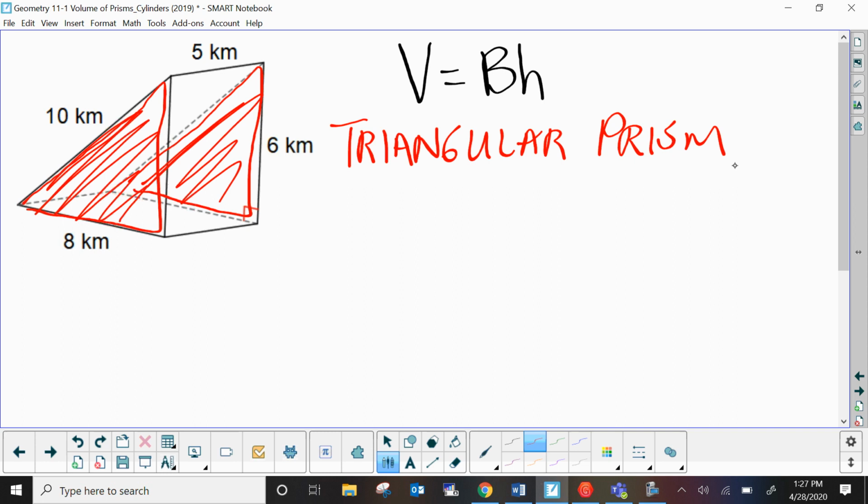So this is a triangular prism, which means my capital B is going to be the area of the triangle, which is 1/2 base times height.